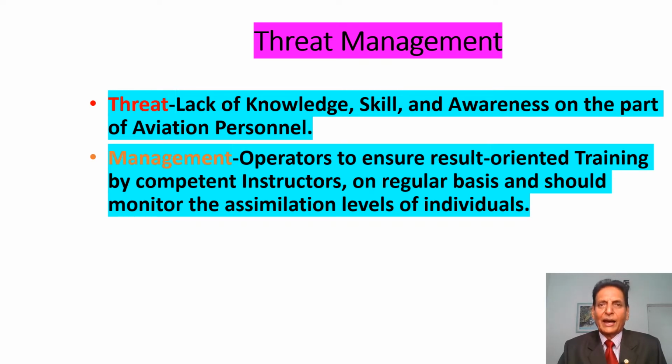First threat, lack of knowledge, skill, and awareness on the part of aviation personnel. Now, to manage this threat, operators are to ensure result-oriented training by competent instructors on regular basis, and operators should monitor the assimilation levels of individuals.